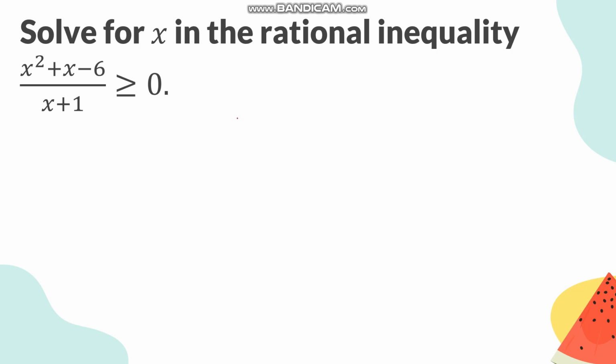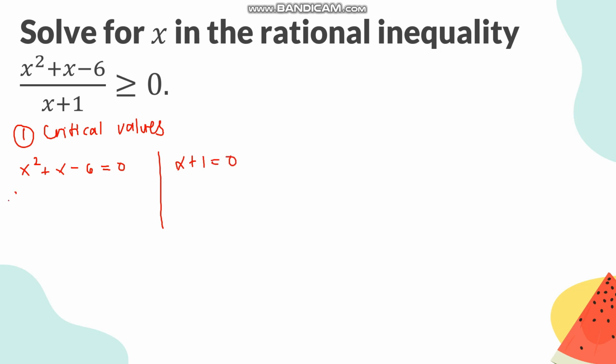Okay, next let's have x squared plus x minus 6 all over x plus 1 greater than or equal to 0. So let's write the critical values. For the critical values, let's equate the numerator and denominator to 0. So let's do factoring.